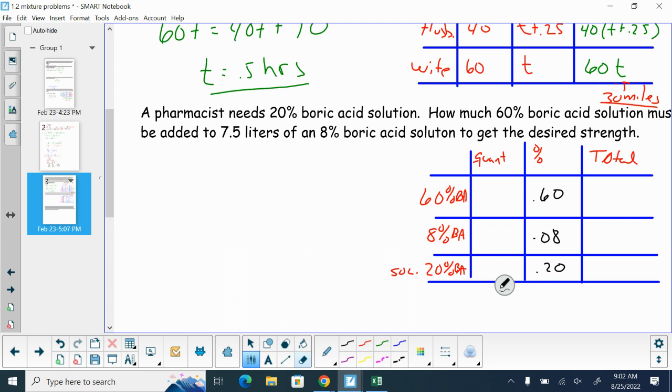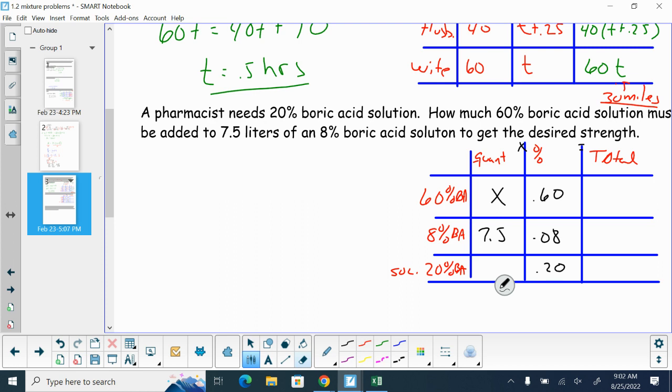Our quantities: you have how much 60% boric acid solution must be added to 7.5 liters of 8% boric acid. Once again, the nice thing about these tables is we can multiply across to equal.